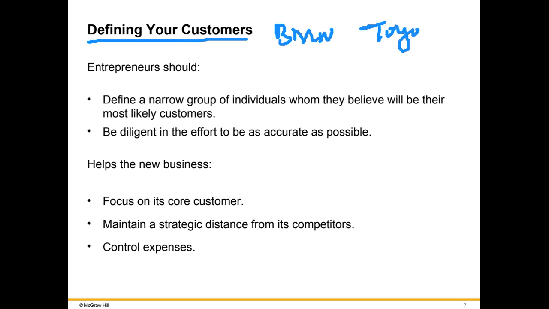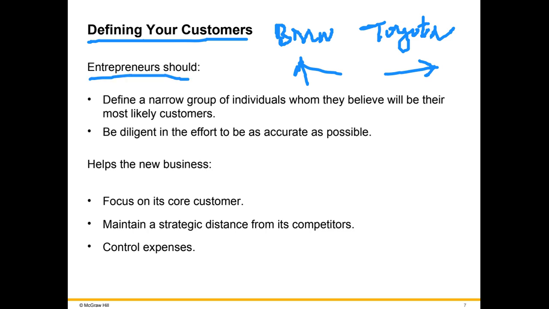They both buy cars, but their customers are different. BMW offers to high-end customers, and Toyota offers to normal low-end customers. So they are not in direct competition, even though they are in the same market.